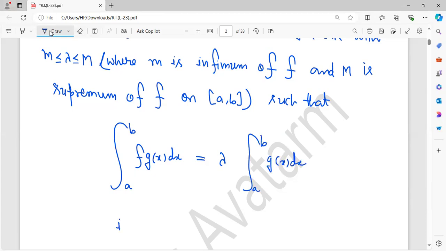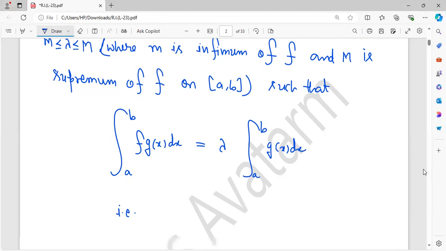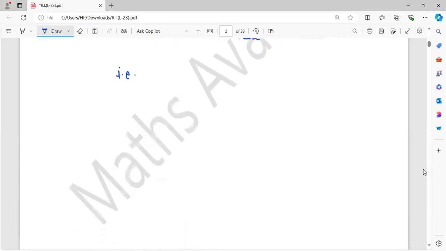You can open the meaning of fg: fg(x) is equal to f(x) into g(x).